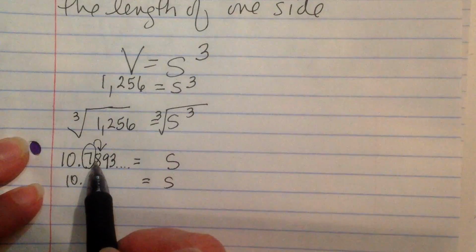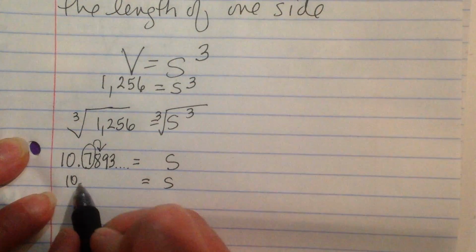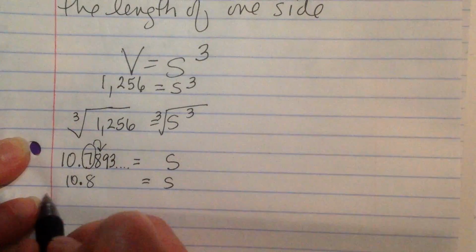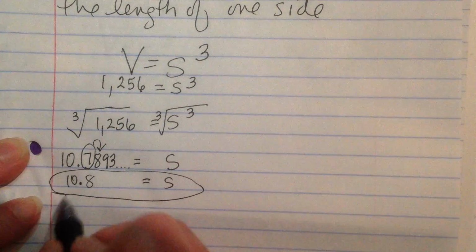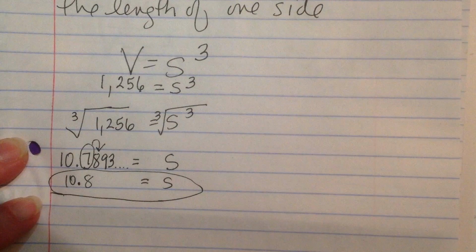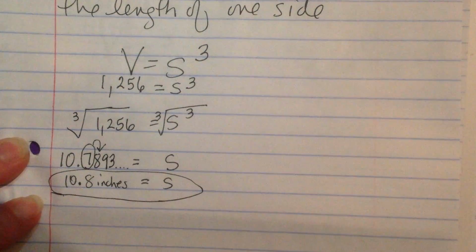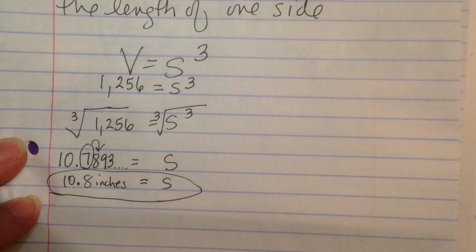So since we have an 8, which is 5 or greater, this 7 becomes an 8, giving 10.8. So the length of the side of our aquarium is 10.8 inches. So the answer to this problem is 10.8 inches after we round it to the nearest tenth.